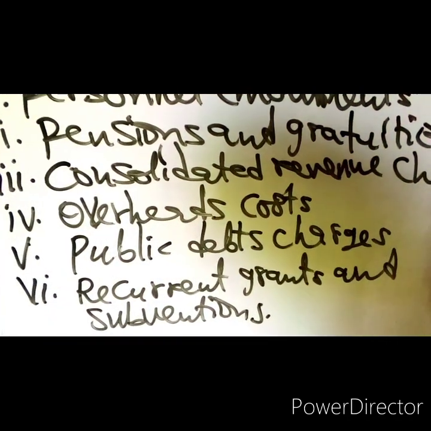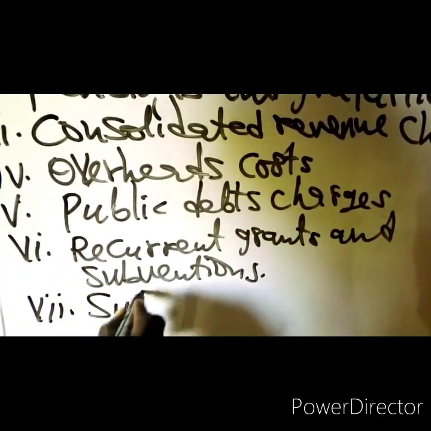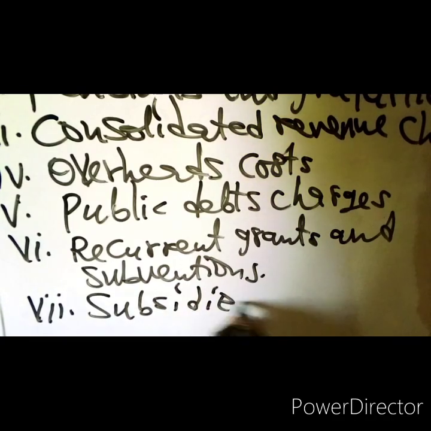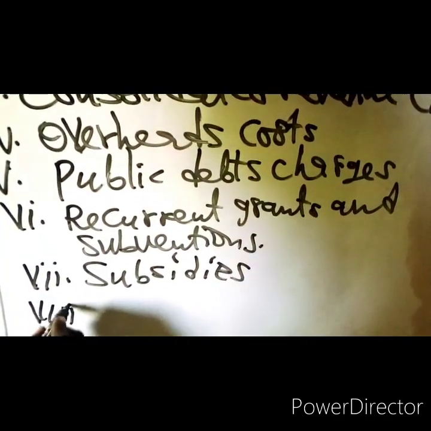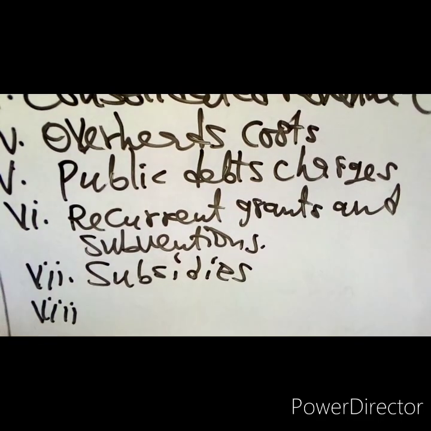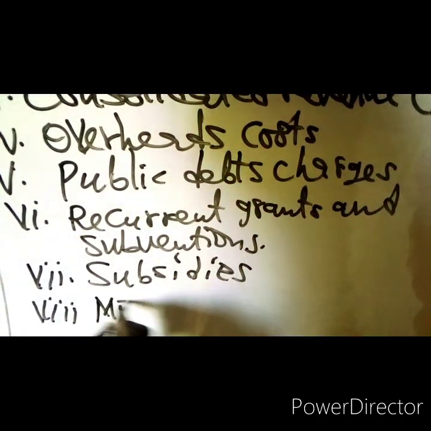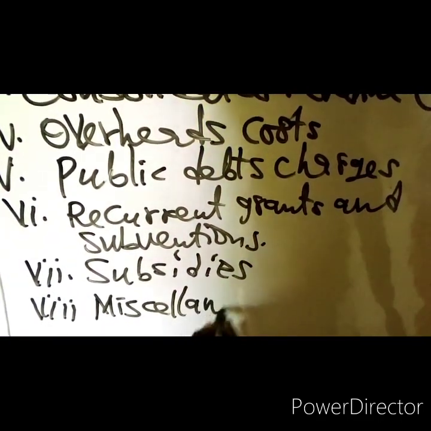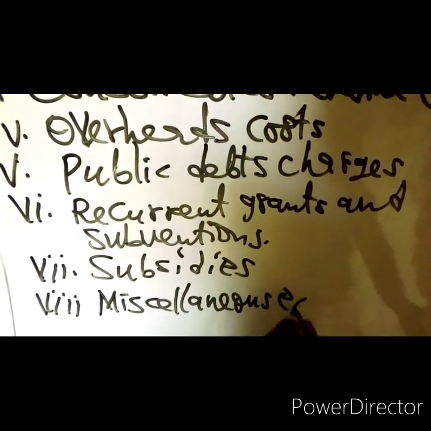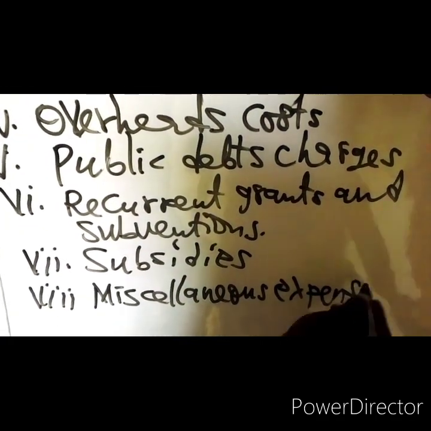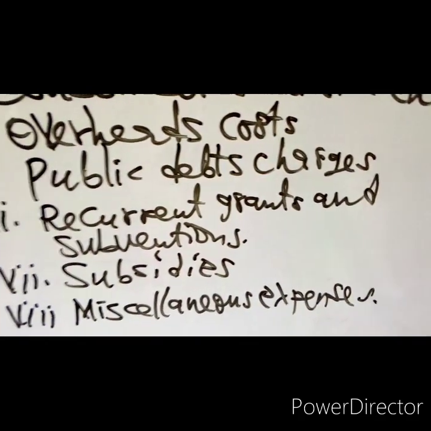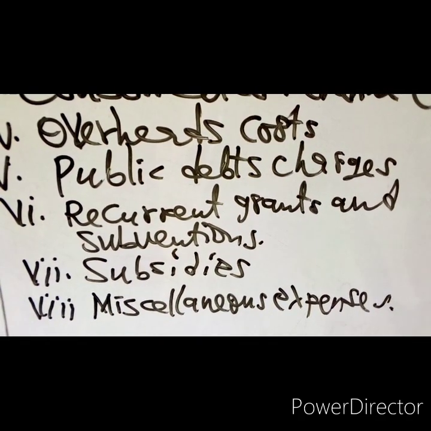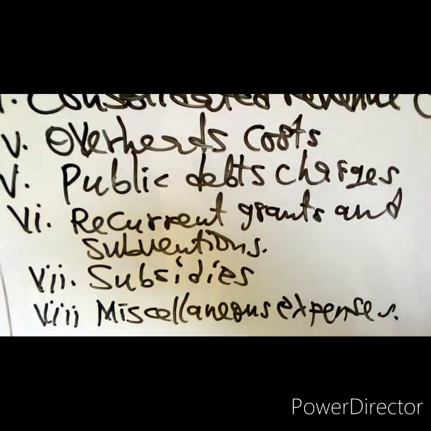Then the next one, number 7, we have subsidies. Number 8, we have miscellaneous expenses. These are all operating items. They are operating activities.